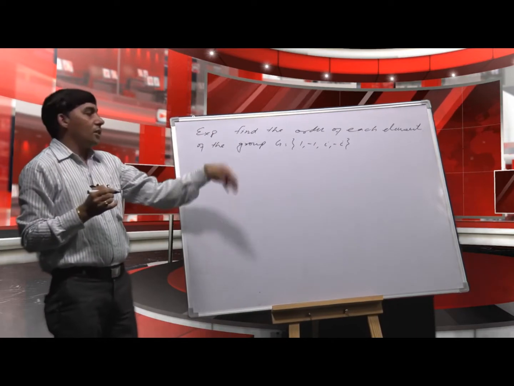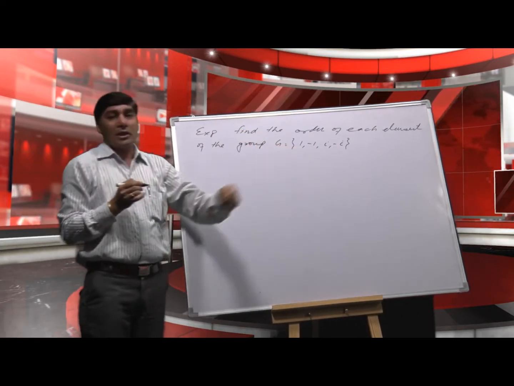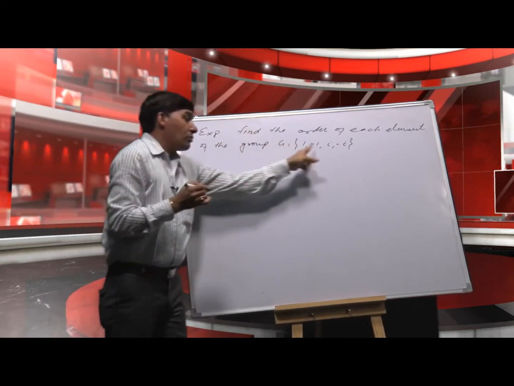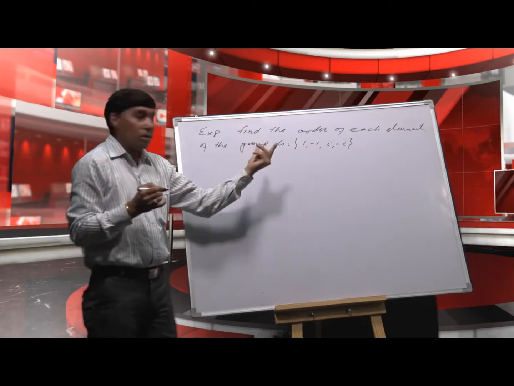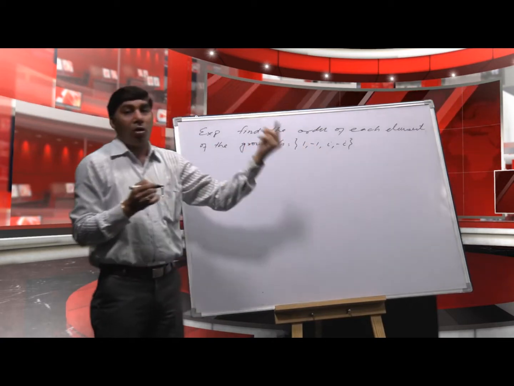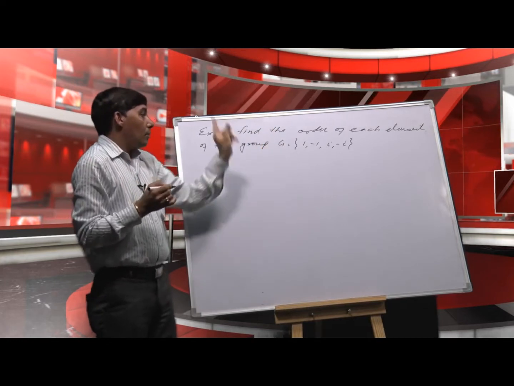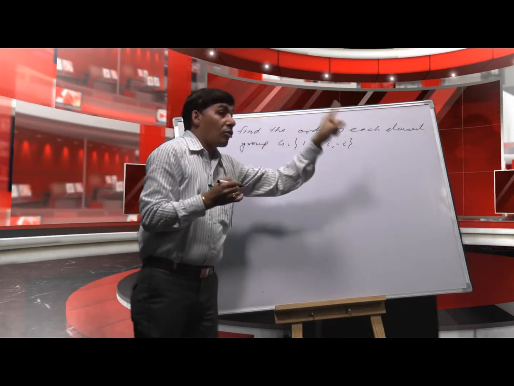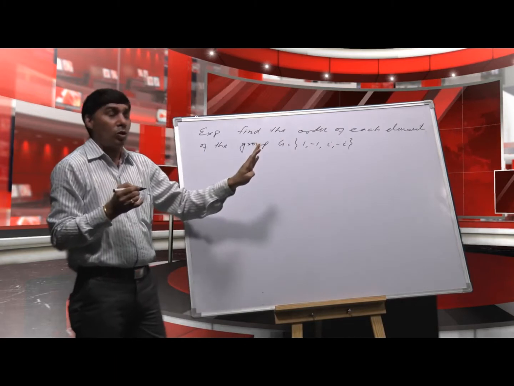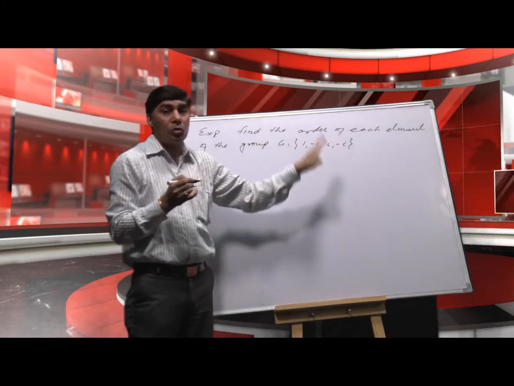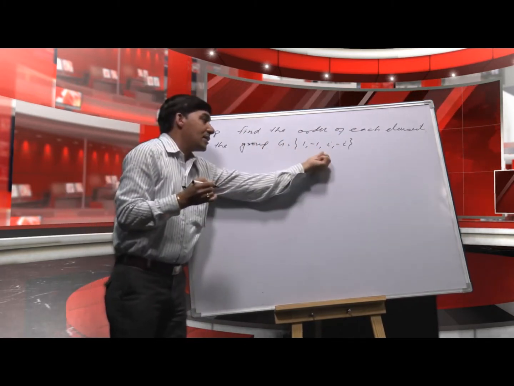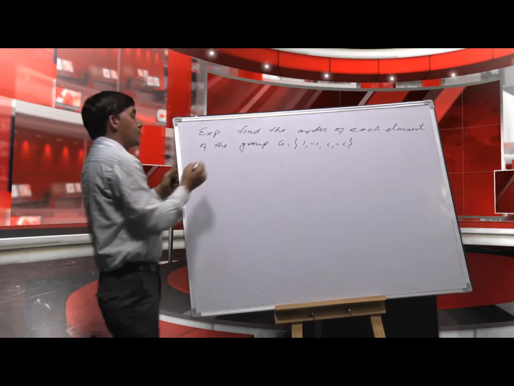G is a group with respect to binary operation multiplication, and order of G, the number of elements in G, is 4. So order of a group is 4, but our target is to find the order of each element, not the order of a group. Order of a group means number of elements in the group, but order of element, each element separately we will find.